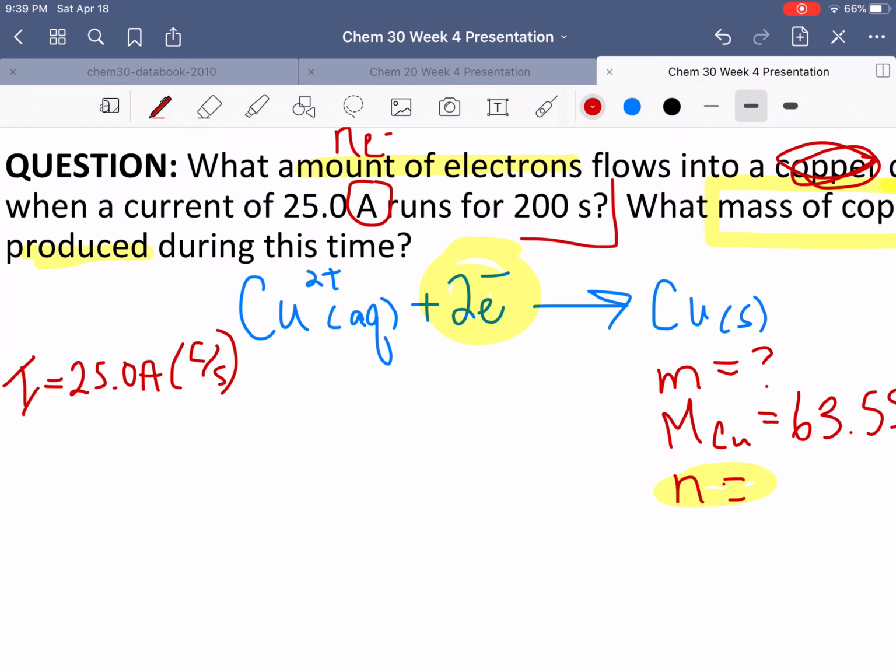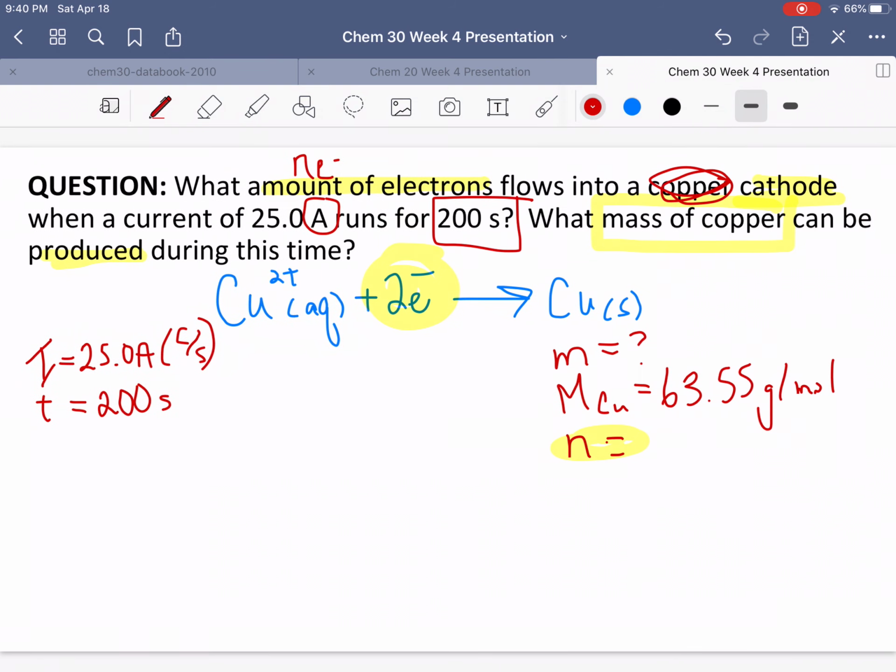The next thing the question says is 200 seconds. Well, seconds. That's a time. I don't have to convert anything. Seconds is what I want. That's super useful. We know something else. Faraday's. That's always there. 9.65 times 10 to the 4 coulombs per mole of electrons. So don't lose sight of that.